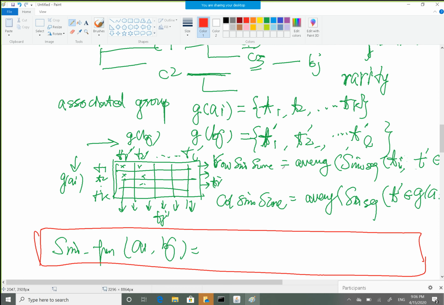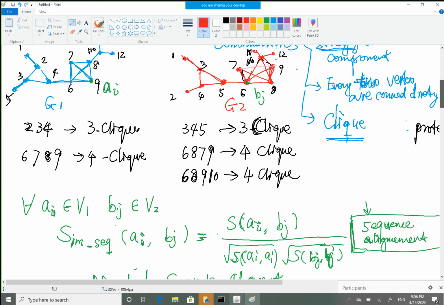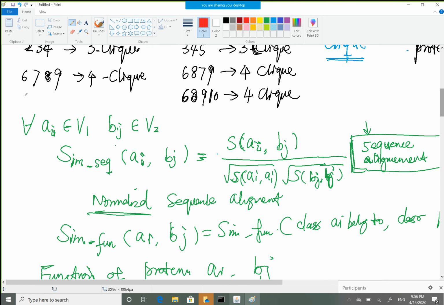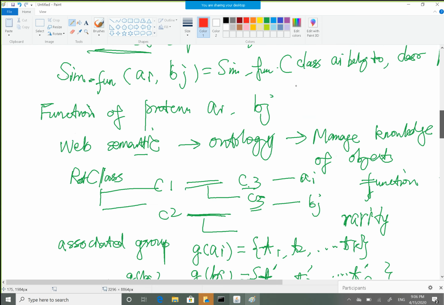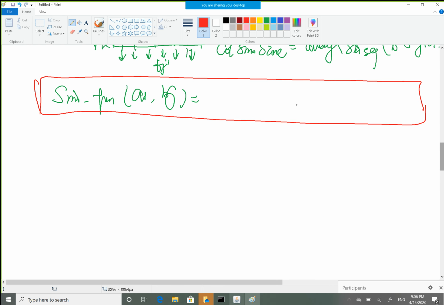Okay, and so also we have the function here, right? This corresponds to sequence similarity between these two proteins, and also considers the topology. Let's see.